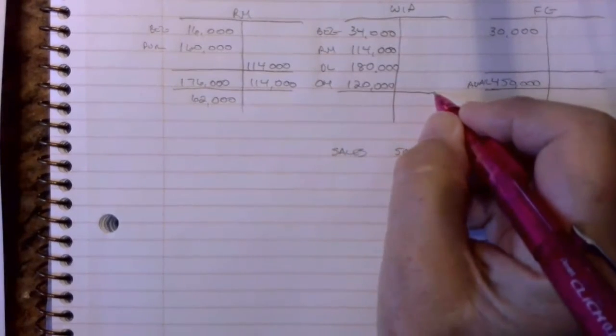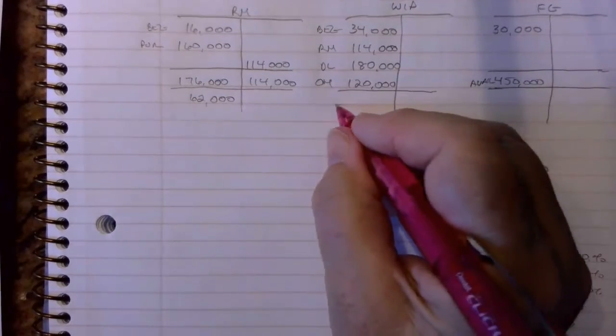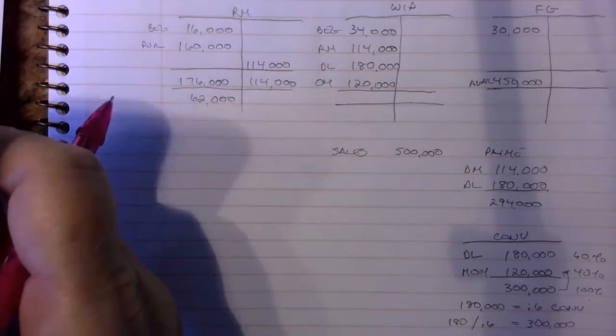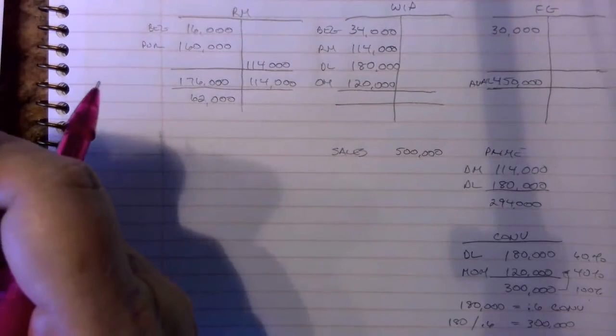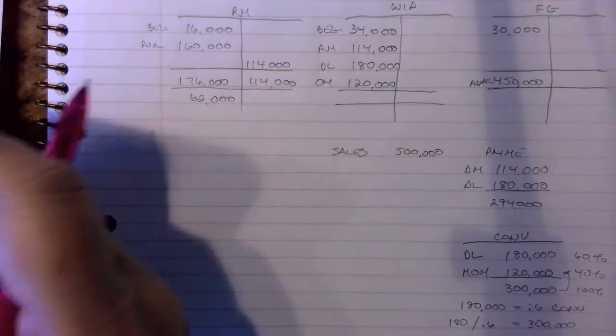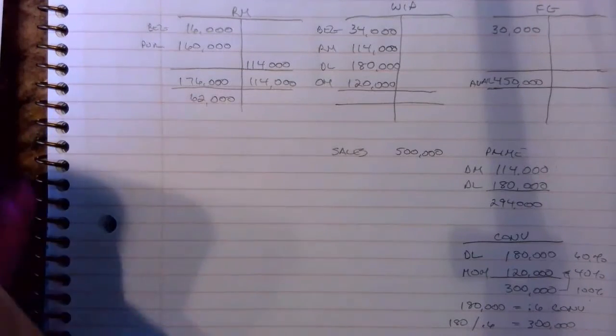So now I've got a total of, what do we know here? I got to add it up. 34 plus 114 plus 180 plus 120, 448.